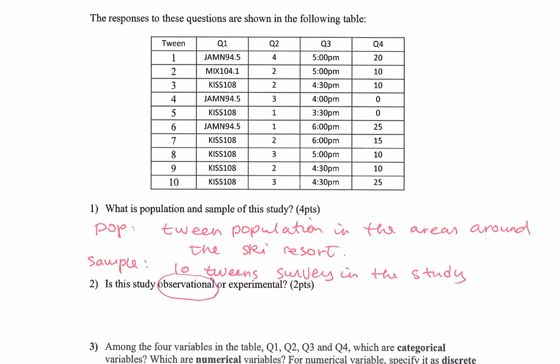The population here is the twin population in the areas around the ski resort. The sample is the 10 twins surveyed in the study. Of course, this study is observational, not experimental.